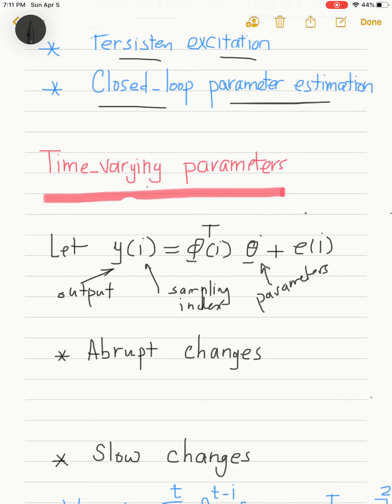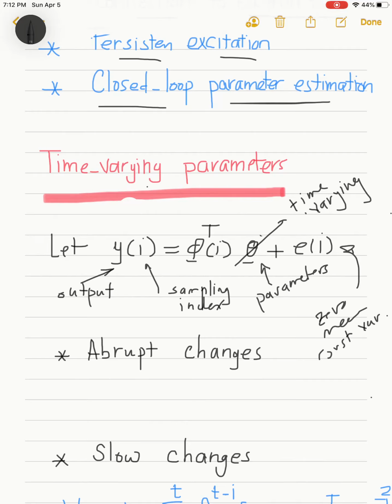But here we'll assume that theta is time varying. So the system is linear in the parameters, but we assume that theta could vary, and e is the independent sequence of noise that have zero mean and constant variance.